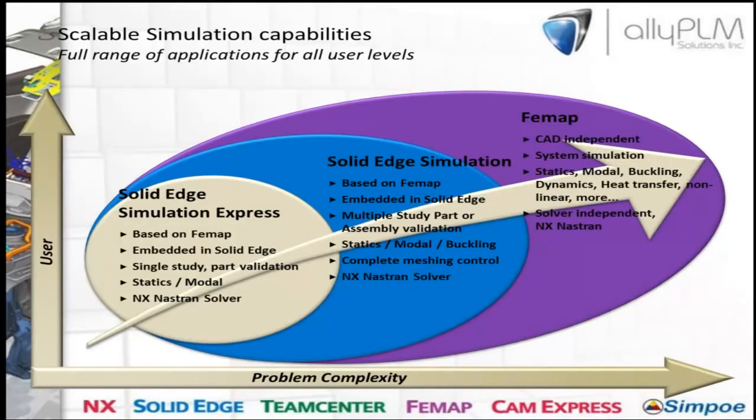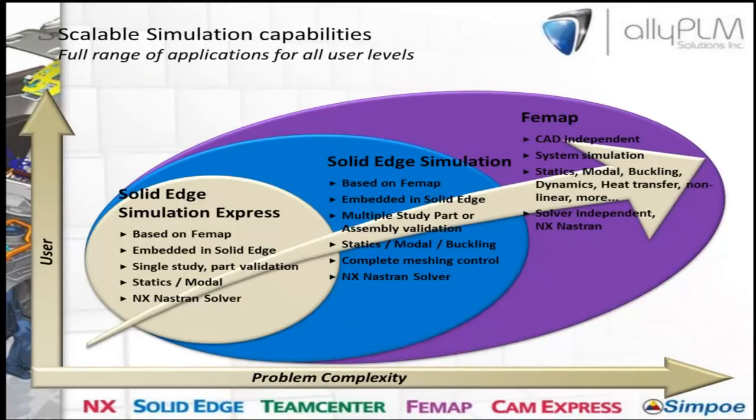If you want to change the element size on a particular edge or face, all these tools are available inside Simulation. As far as study type is concerned, you can do buckling inside Simulation, while in Simulation Express you can only do static and modal, no buckling. Also, Simulation Express is a part-based analysis tool. You won't be able to analyze your assemblies.